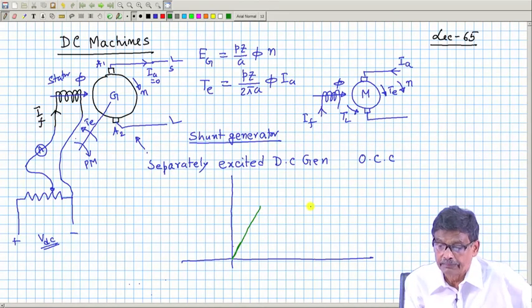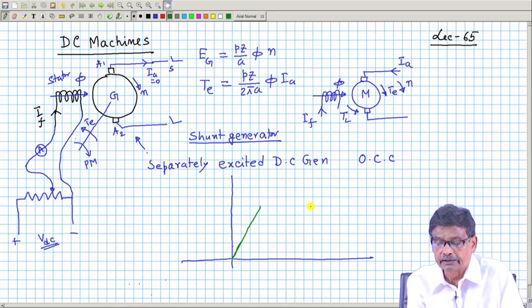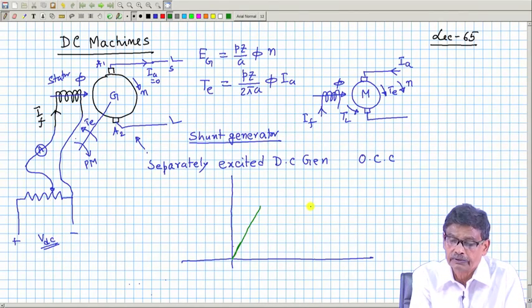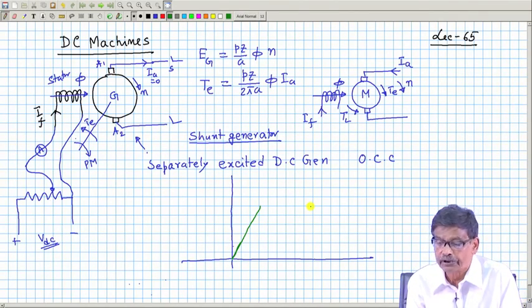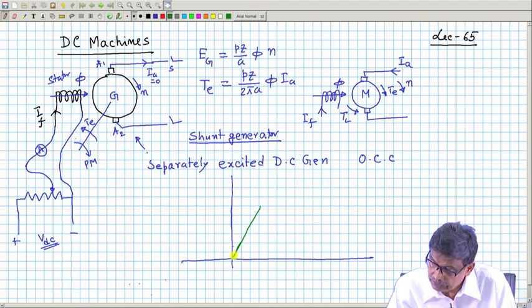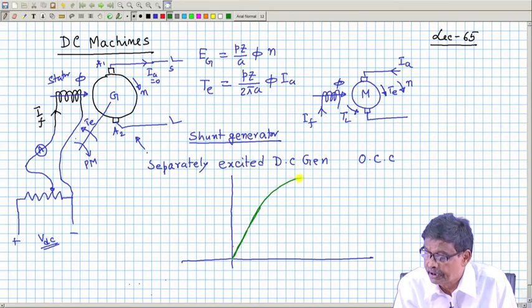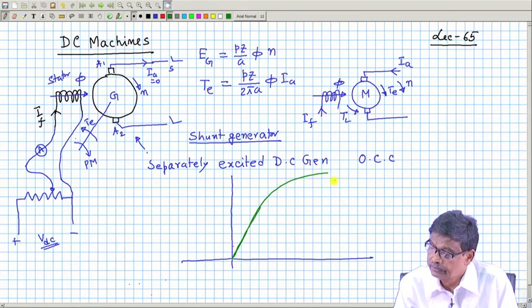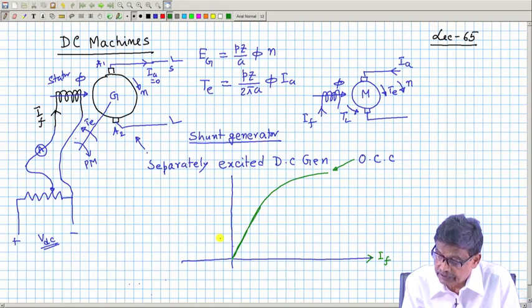But after some time, as you go on increasing the field current, the flux produced will not be in proportion to the field current because of saturation which will set in. So the OCC goes up and then takes a bend like this. Here you sketch the field current and here the generated voltage E g.